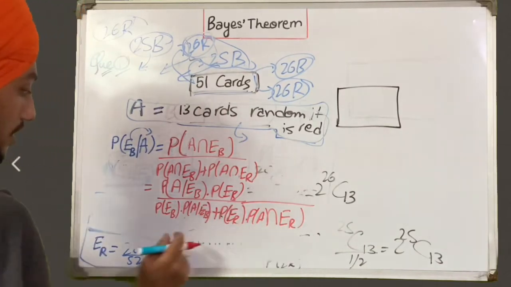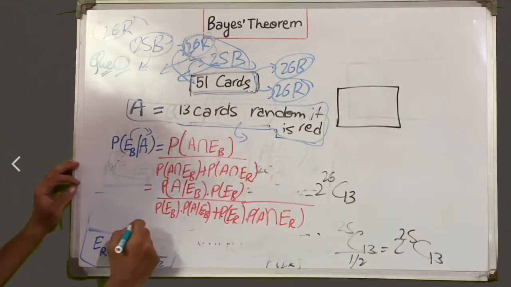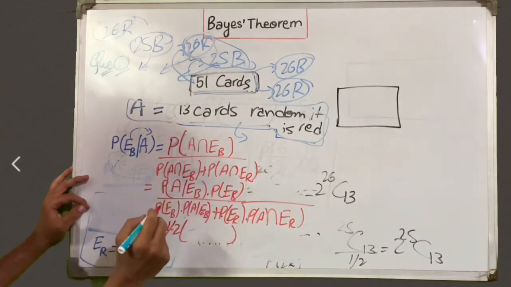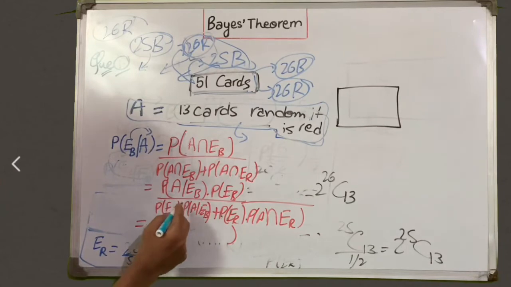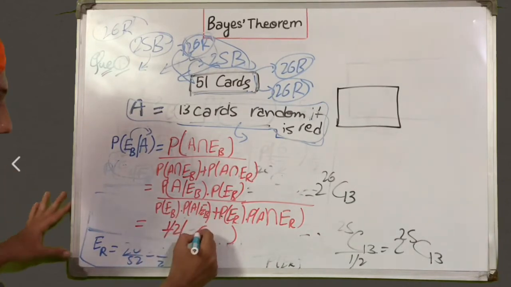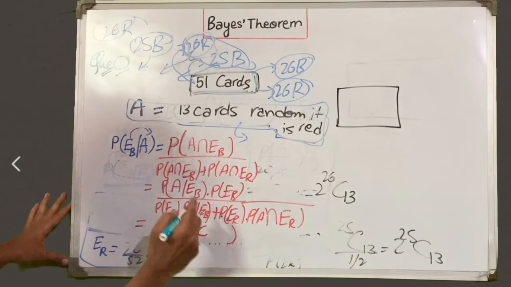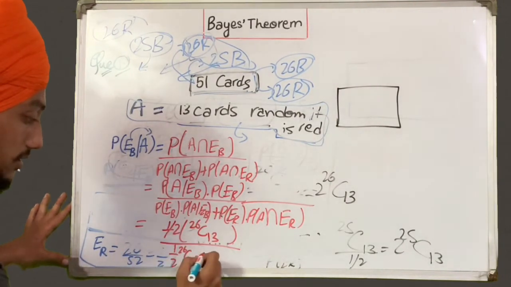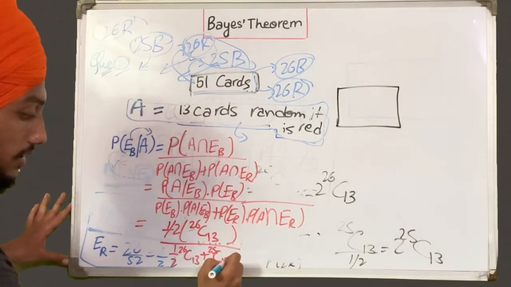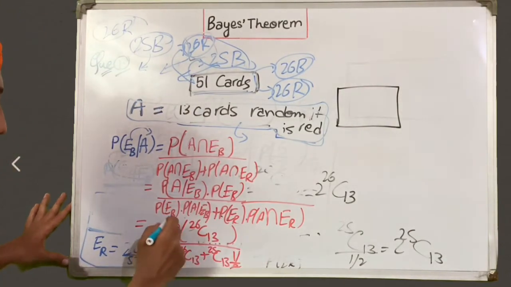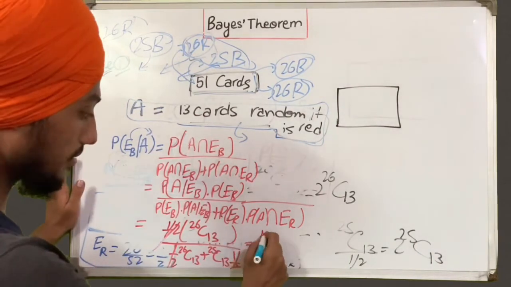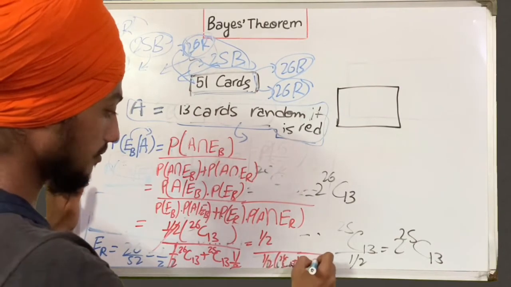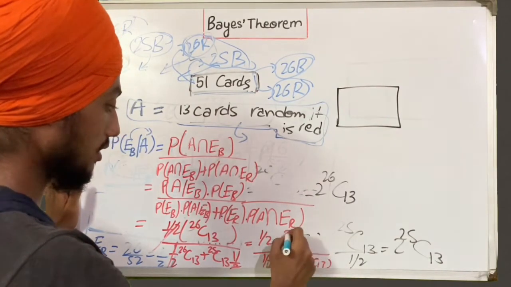Now we're going to see this as 1 by 2, and this could be written like the probability of it, that is 26 13 into half, upon 26 13 into half plus 25 13 into half. The half will cancel out, taken as common here and here, and it will be 26 13 upon 26 13 plus 25 13.